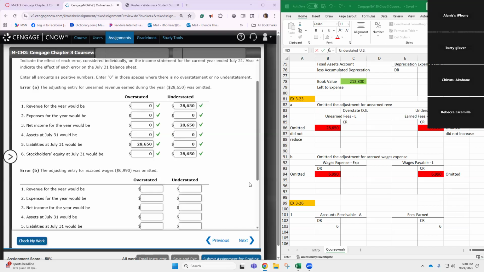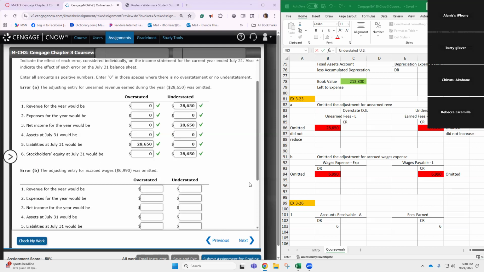Accrued wages meant that we forgot or omitted this amount. $6,990 should have gone in this expense account, and it also should have gone in this liability.